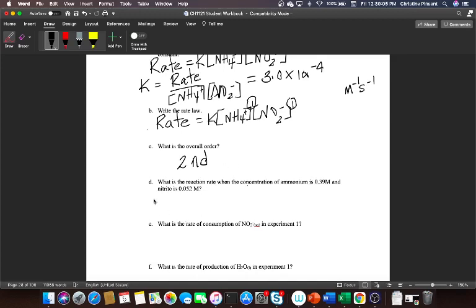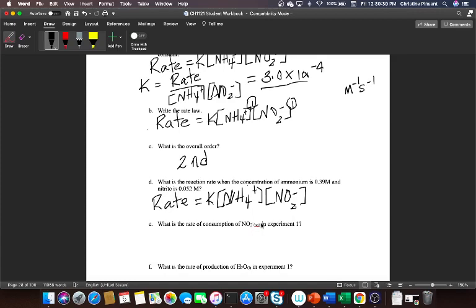So again, I'm going to use my rate law as a formula. Rate equals k times ammonium multiplied by nitrite. I'm going to sub in my values for this. I'll use my k from above, from part A, and ammonium and nitrite are given in my question.